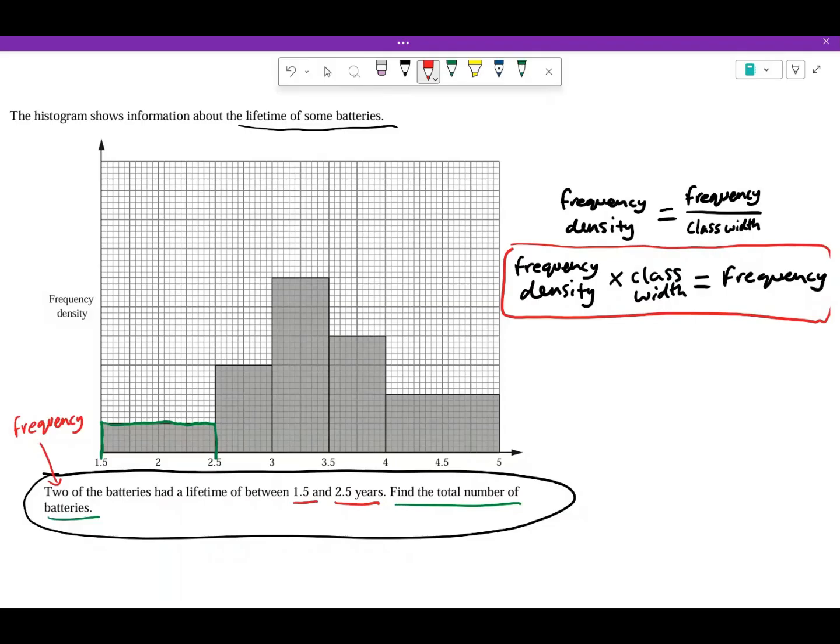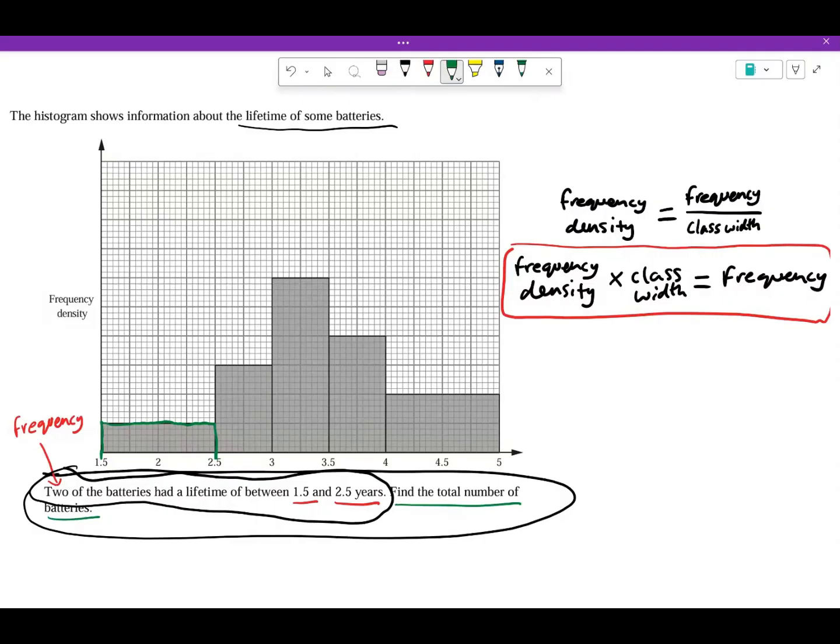Now, to determine the scale on my frequency density axis, I need to see if I can find one frequency density. Well, we're going to be able to do that with a bit of information here about the 2 of the batteries having a lifetime between 1.5 and 2.5 years. Okay, because the 2 is a frequency.